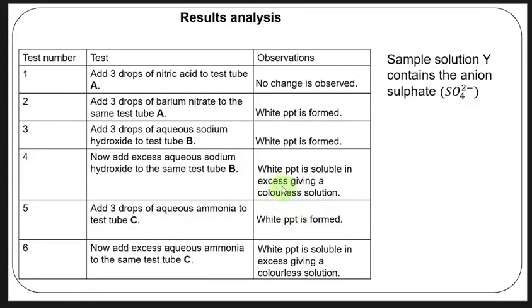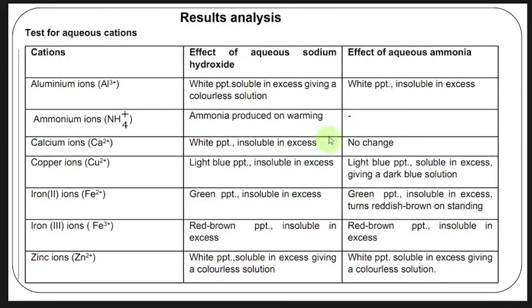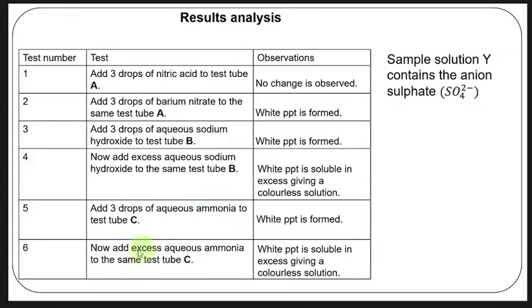All right. So now, here again, when they add the excess, they are saying white precipitate insoluble in excess. So let's see if the white precipitate is insoluble. When we added the excess, now add excess aqueous ammonia to the same test tube C, what did we see?